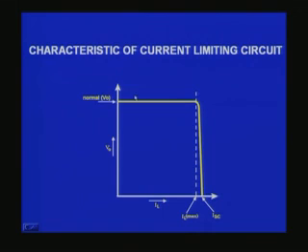This is one type of current limiting that is being employed. There are several other types of current limiting circuits that can be used, but a good voltage regulator should have a constant voltage, and in principle also be protected against any short circuit. I just want to highlight these two aspects of a very good regulated voltage supply.